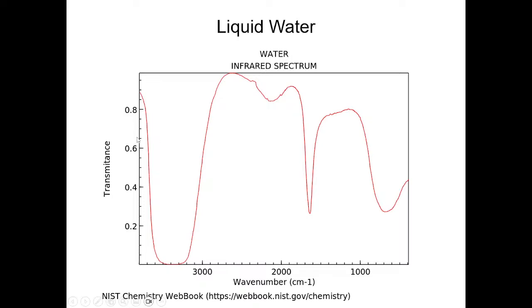And what you see here is that this is for water, and it's liquid water, not steam, not gas. And transmittance here means that at the bottom we have 0 transmittance. So that means that everything did not reach the detector, and if we had 1 transmittance, that meant everything did reach the detector.